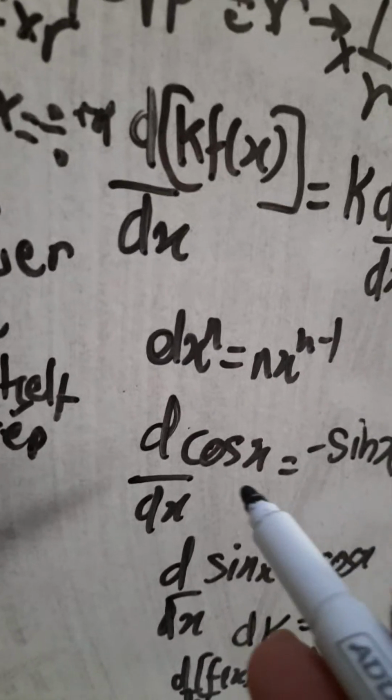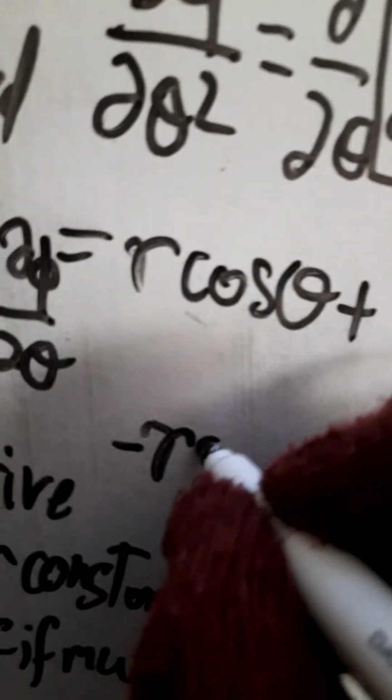R cos theta, so what is the derivative? d by dx of cos x is minus sin x, so minus sin theta.